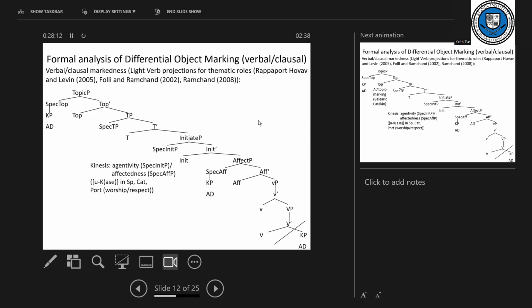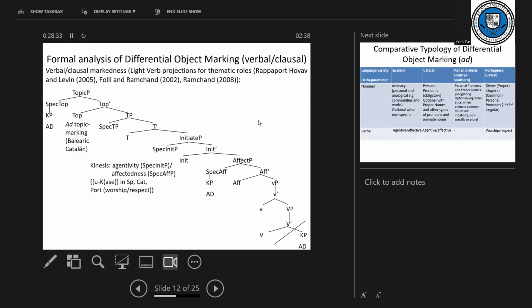In Portuguese, if the verb denotes some kind of worship or respect, this can also trigger DOM. And finally, topical marking: in Balearic Catalan, topical dislocation can independently trigger DOM.